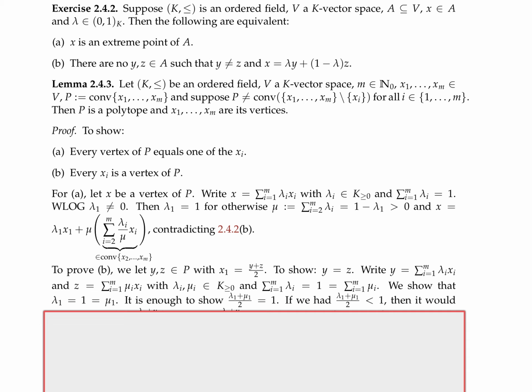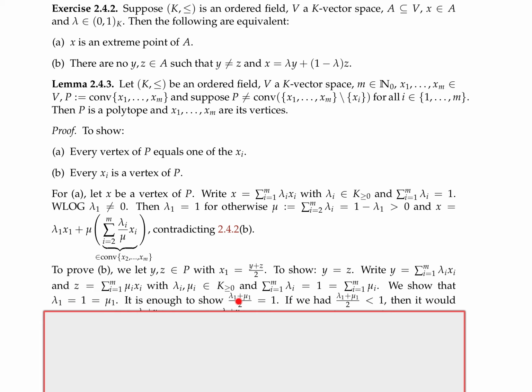So we have to show that lambda 1 equals 1 and mu 1 equals 1, and it's enough to show that their average is 1, because lambda 1 is less than or equal to 1, and mu 1 is less than or equal to 1.